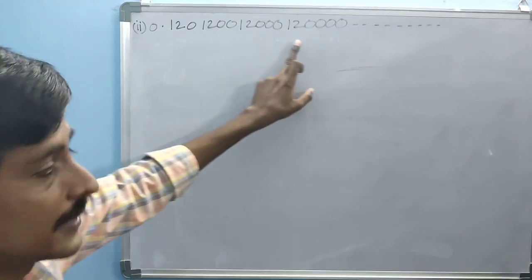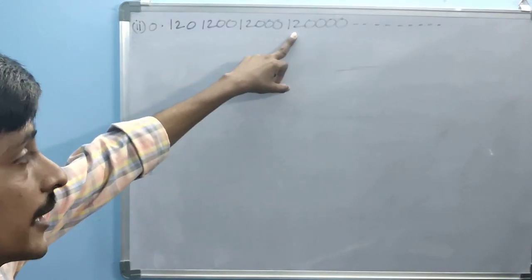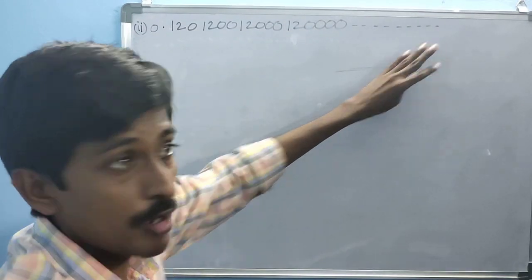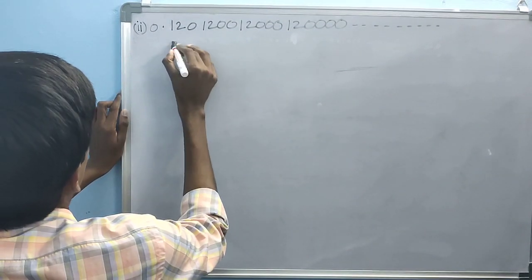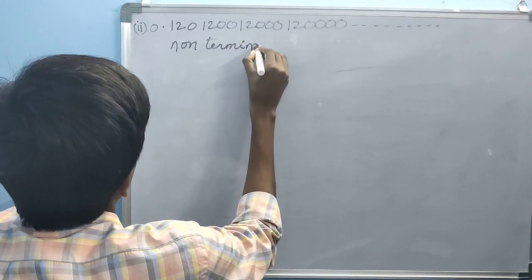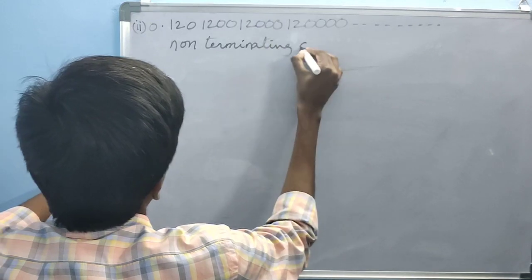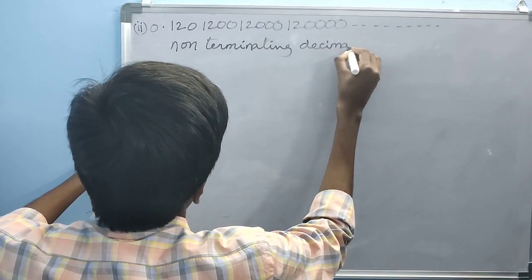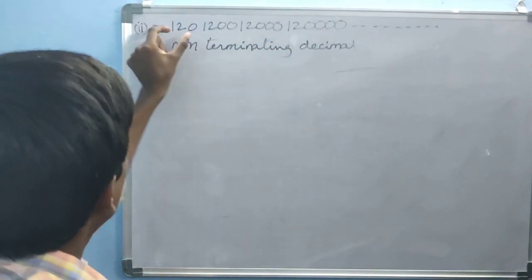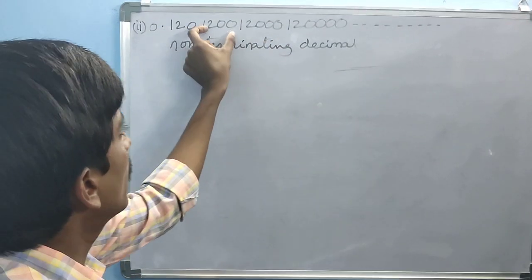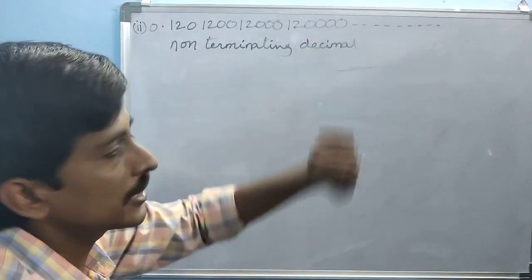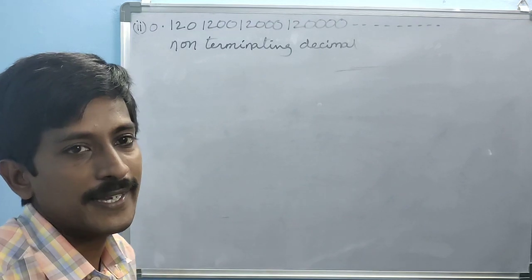This decimal is non-terminating, because it cannot end. And no number is repeating here: 120, then 1200, then 12,000, then 120,000.